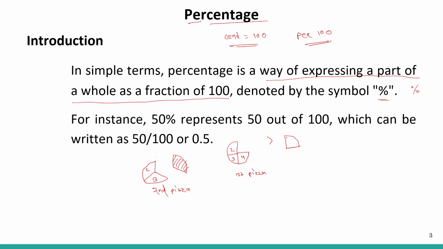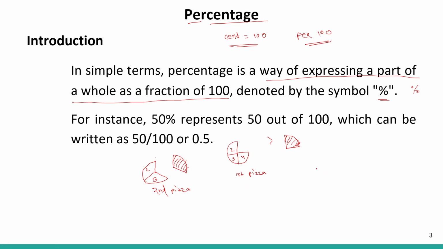Just remember here, which is the whole for the first pizza. The whole was when it was complete. And what part in terms of fraction is this part? This is what we need to express in terms of percentage. Way of expressing a part of a whole as a fraction of 100. Let's say the whole was 100.